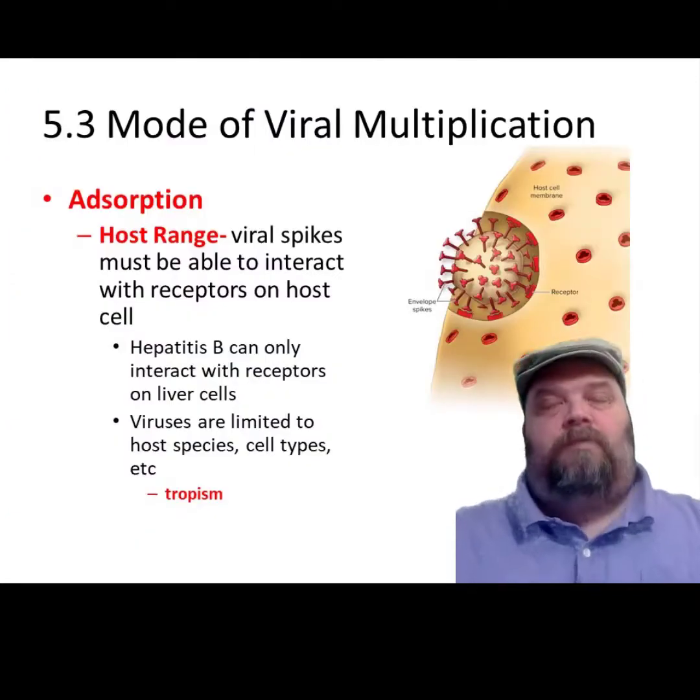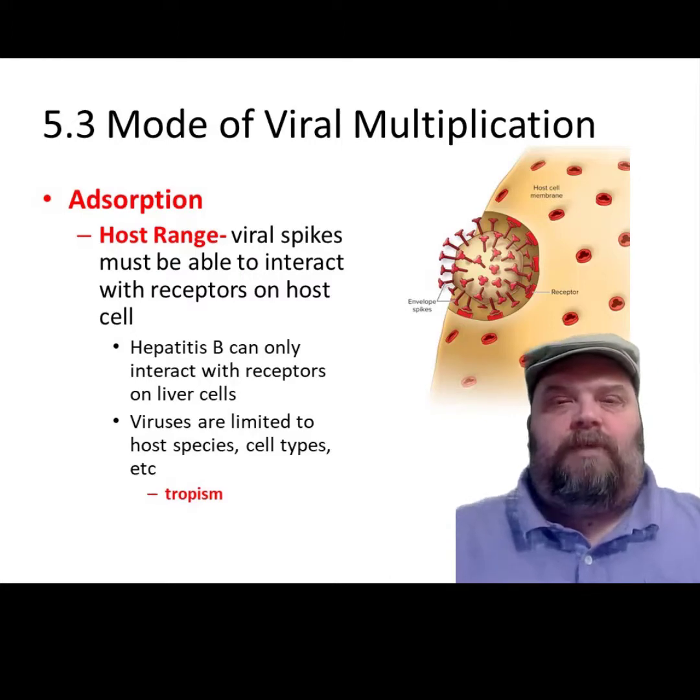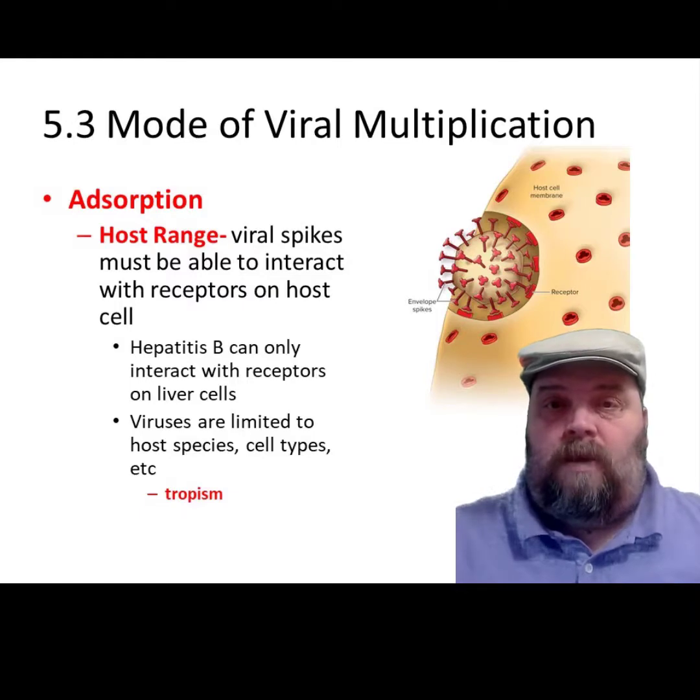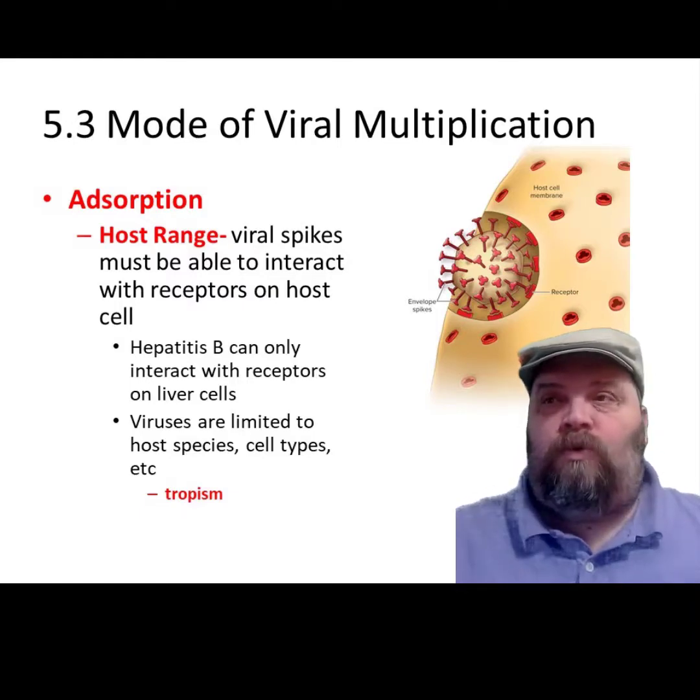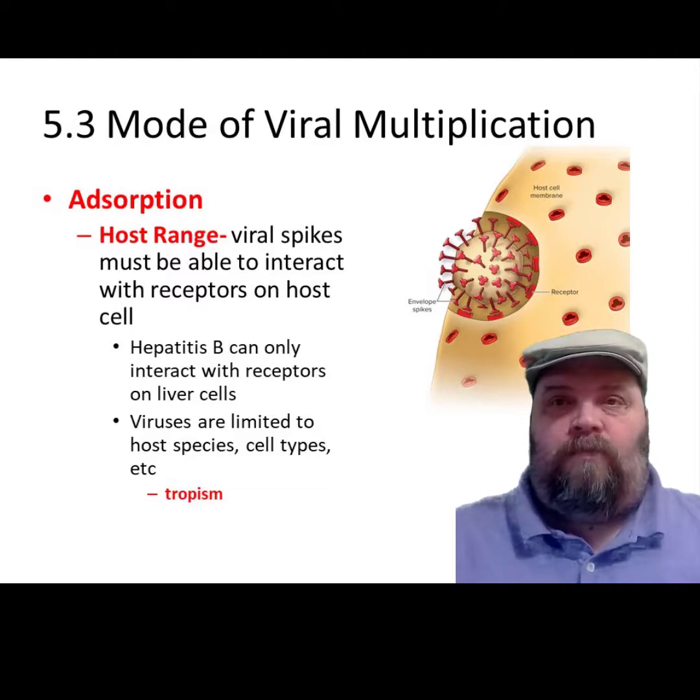So, the adsorption. Turns out all viruses have what they call a host range. Okay? Host range means that we, as humans, mammals, we're constantly exposed to viruses that are for fungi, for plants.